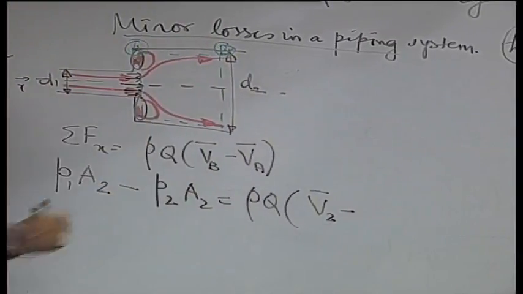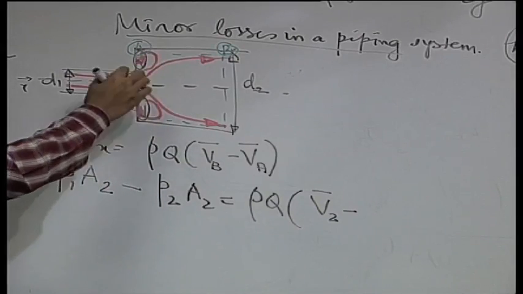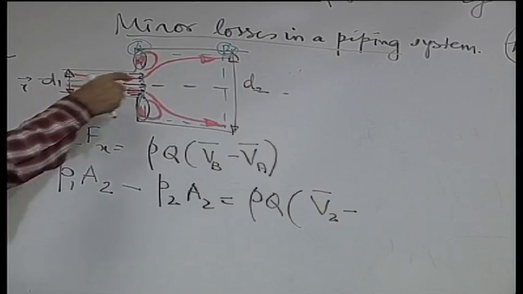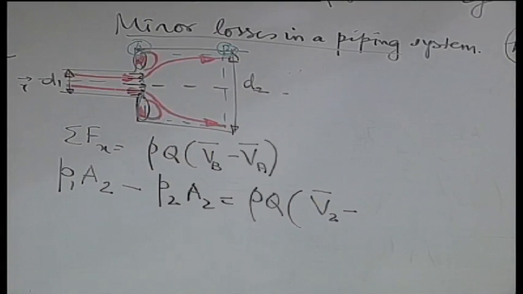What about VA? The velocities here are not contributing to the energy, so VA average is roughly taken as V1 average. Again, it is an approximation.